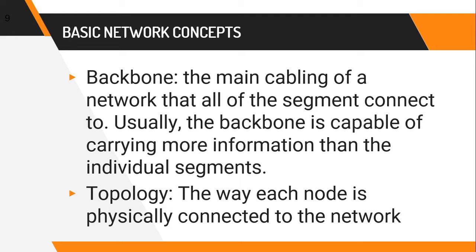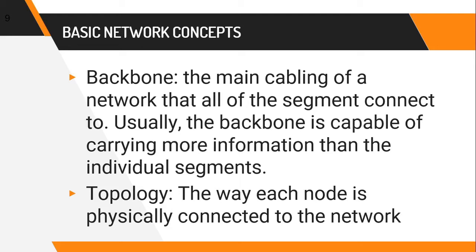Topology. The way each node is physically connected to the network. Network topology is the arrangement of the elements, like links and nodes, of a communication network. Network topology can be used to define or describe the arrangement of various types of telecommunication networks, including command and control radio networks.